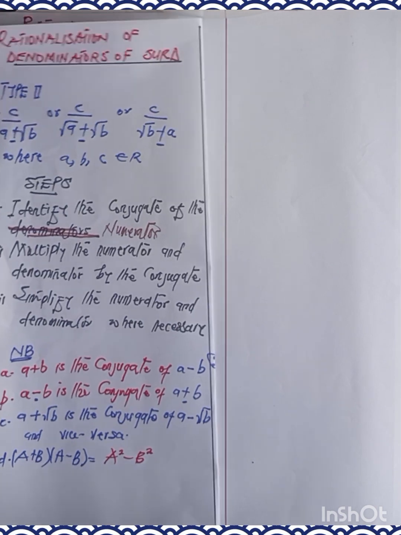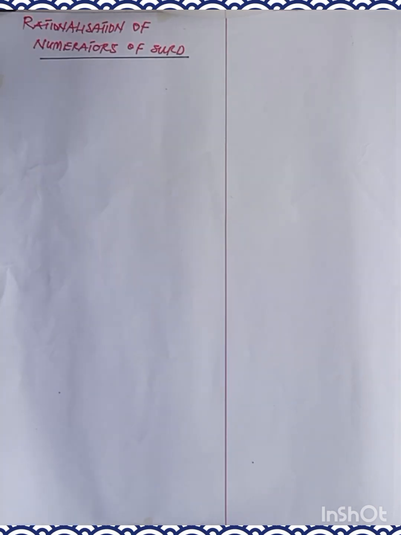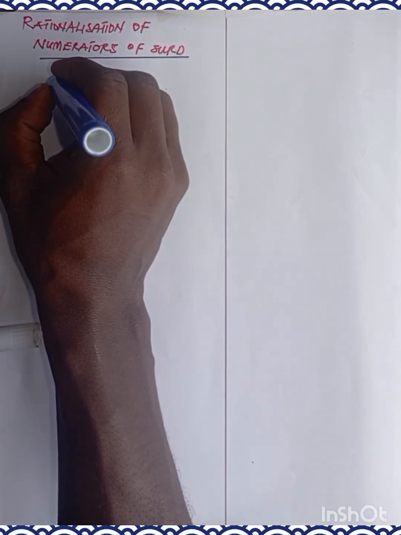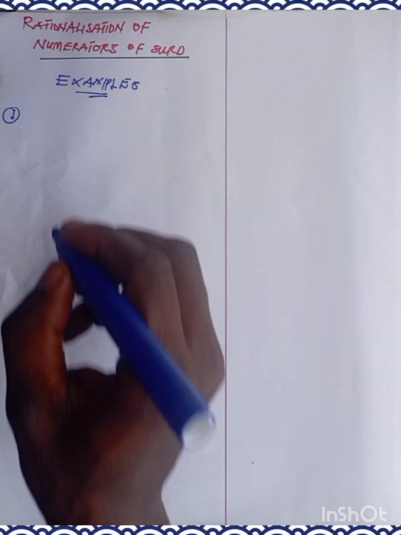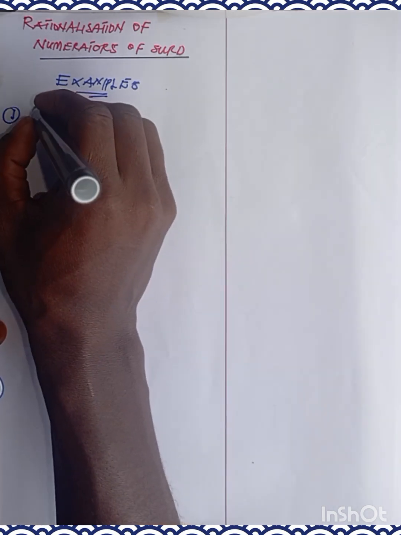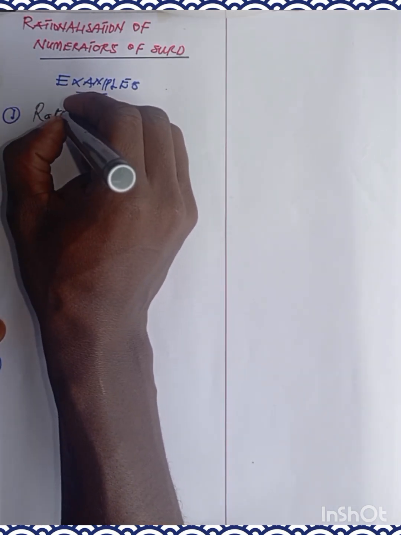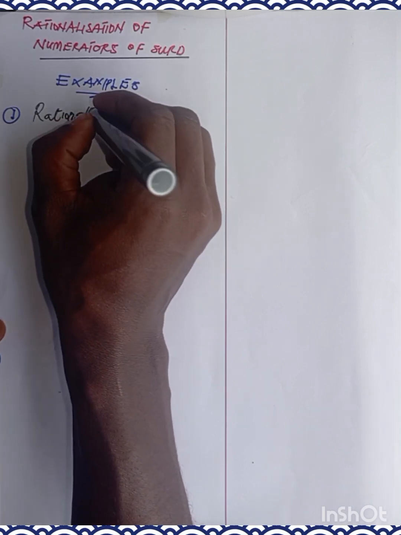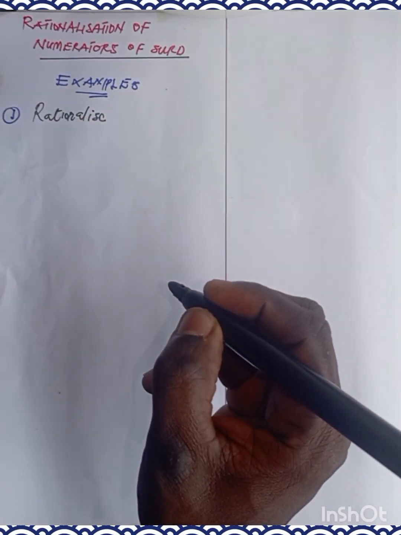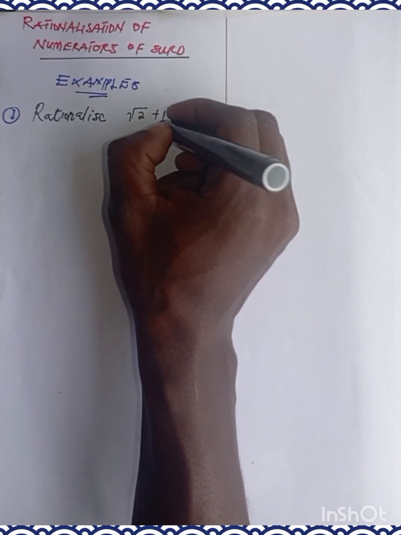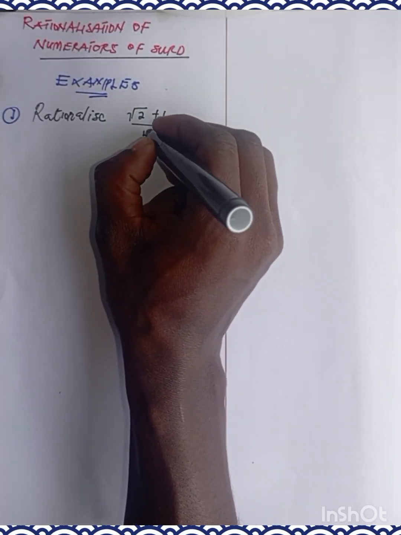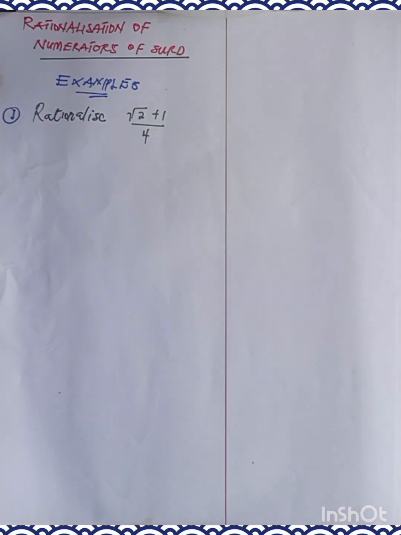Examples. We have example 1. We are to rationalize root of 2 plus 1 all over 4.